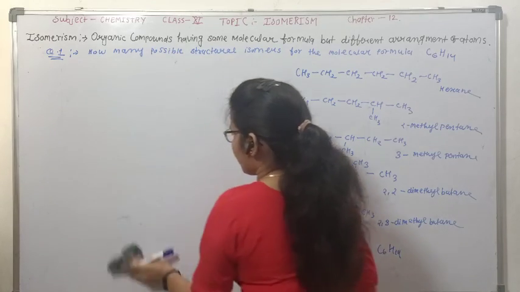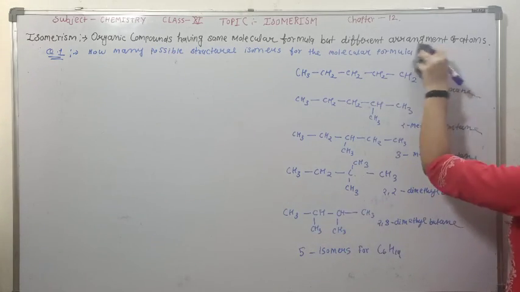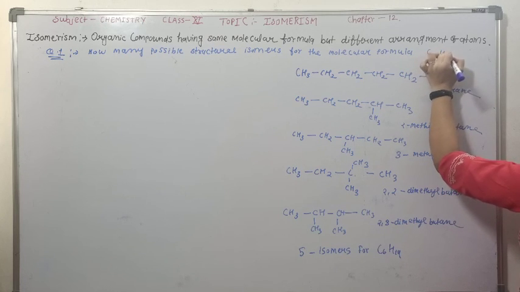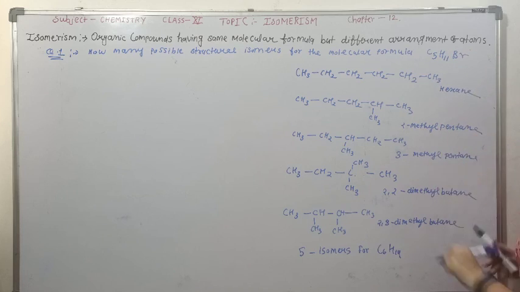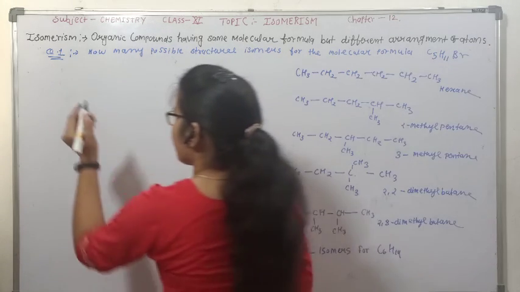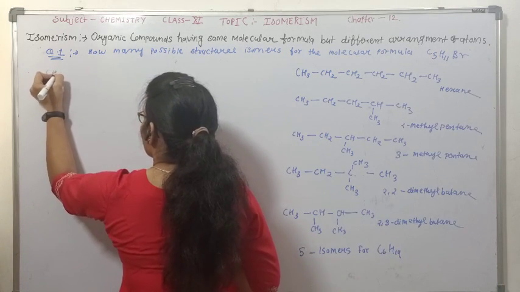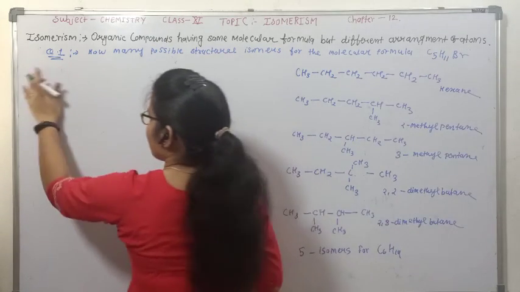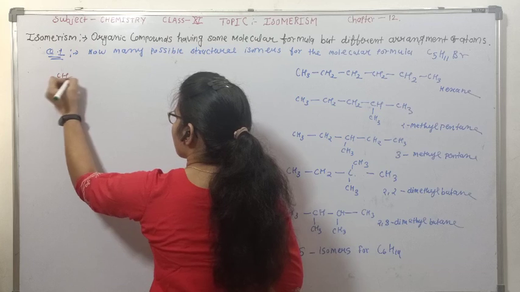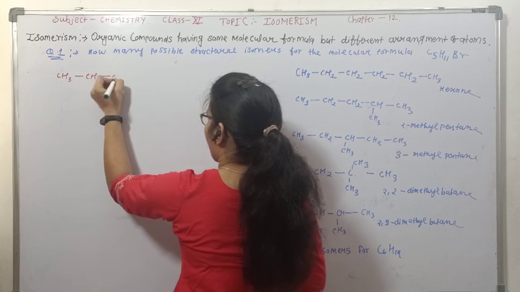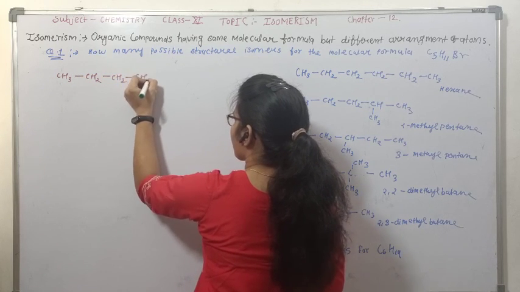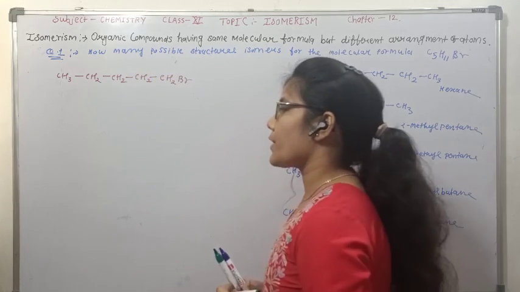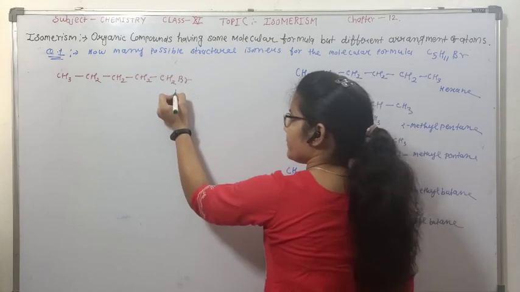Clear? Now let's practice one more example with a substituent. So we'll have C5H11Br. Let's use a simple structure for this. That's simple, bromopentane.